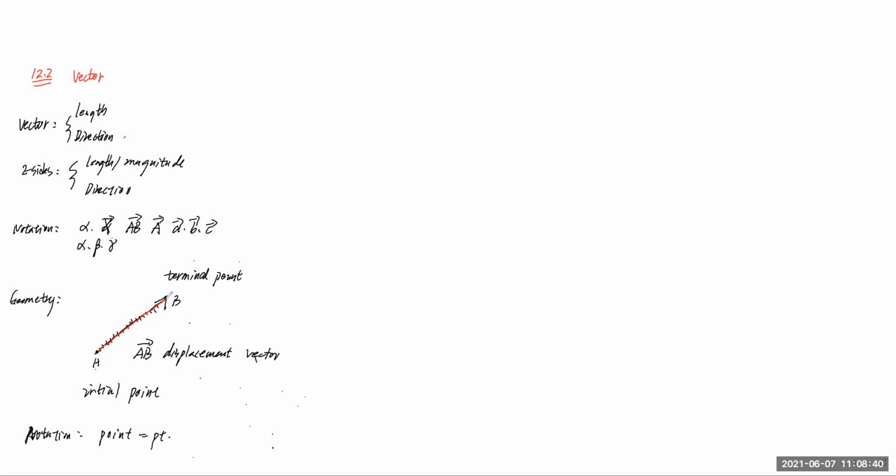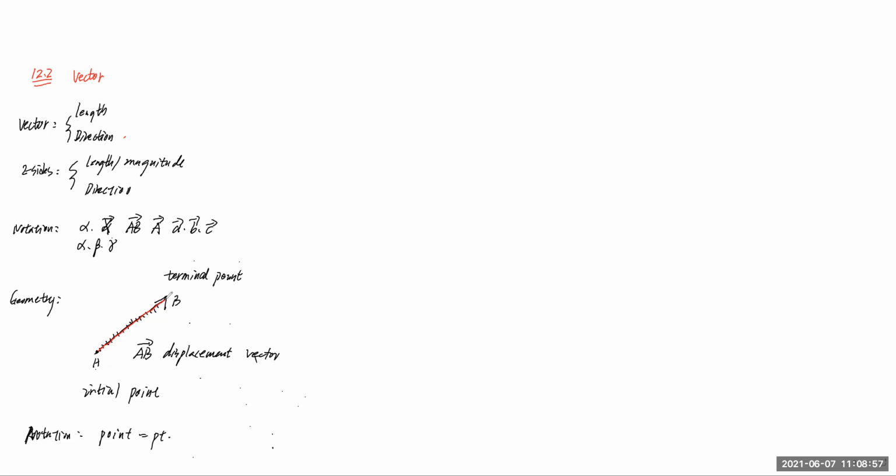Okay, and then let's recall what we studied in elementary school. In elementary school, we know how to add two numbers together, right? But how do we add vectors together in three-dimensional space?